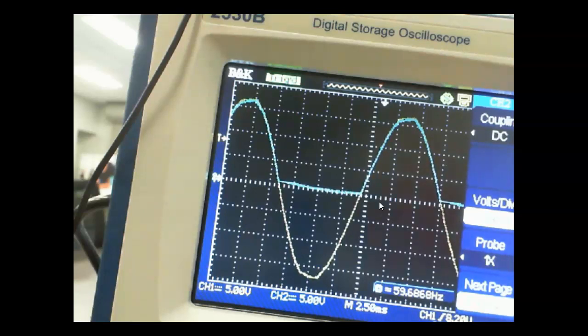The first one on the left is the secondary. The second one is what? What's the drawing on the right supposed to be? Across the load. So the voltage across the load is the blue.